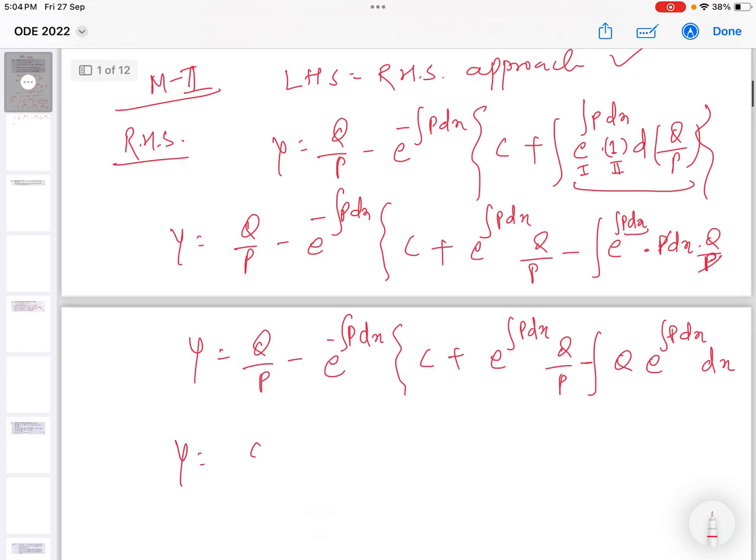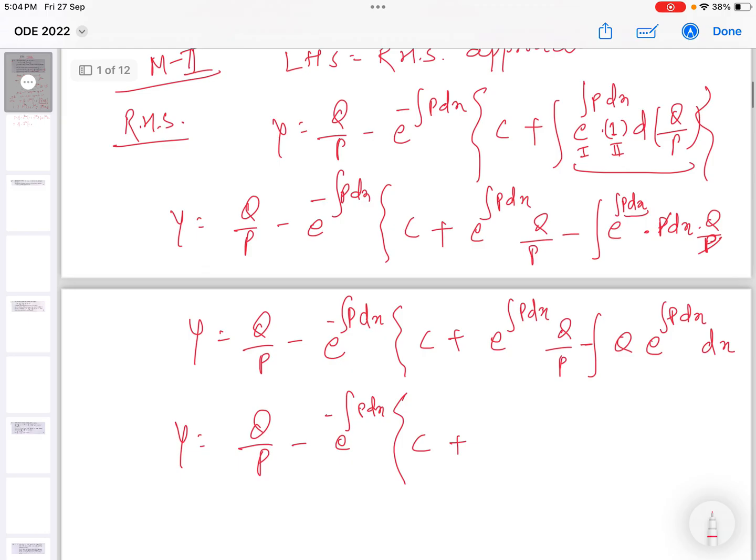So y is equal to q by p e raised to the power minus p dx, c e raised to the power p dx, minus.